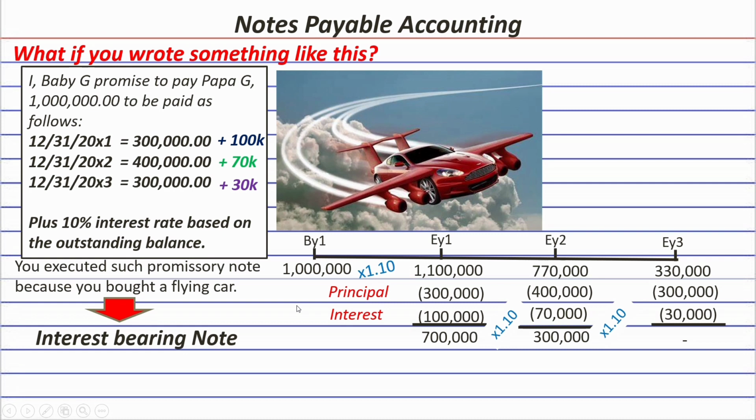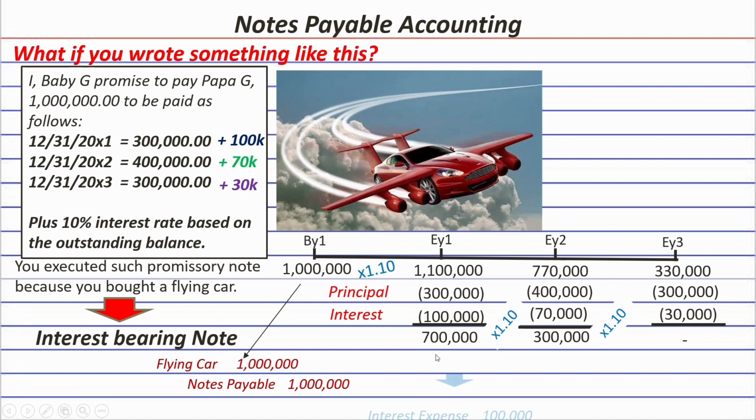So now, on the recording side, in the beginning of year one, you just have to debit flying car or any applicable accounting title for 1 million, of course. And then credit notes payable 1 million. So that's how easy the initial entry is. So at the end of the year, that's still easy.